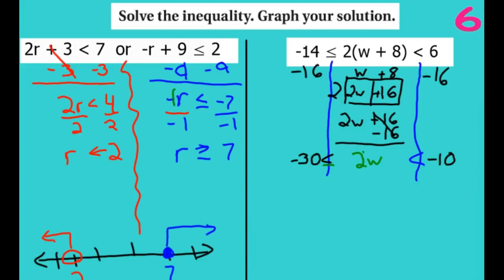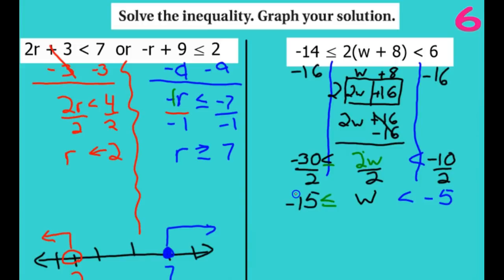So to get w by itself, we need to divide by 2. That means we have to divide everything by 2. So what we have left is negative 30 divided by 2, which is negative 15. Is less than or equal to w, which is greater than negative 10 divided by 2, which is negative 5.